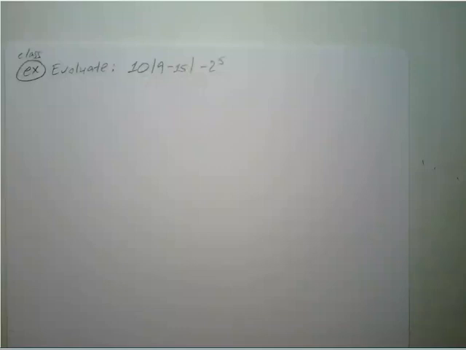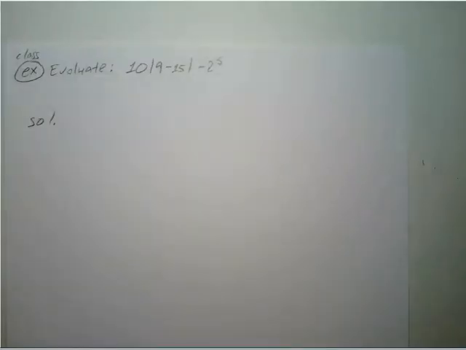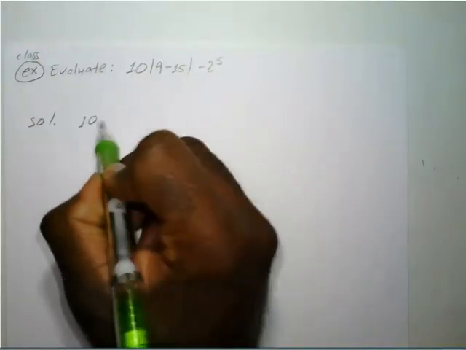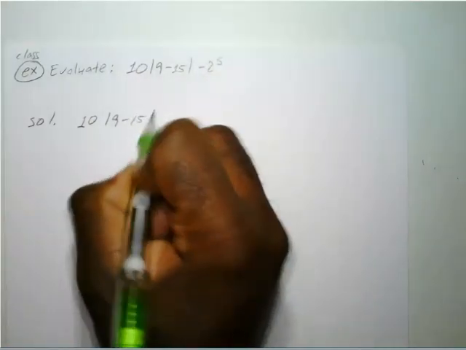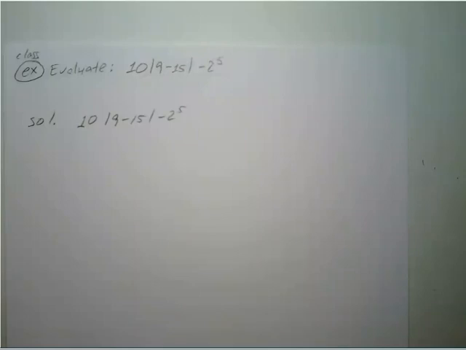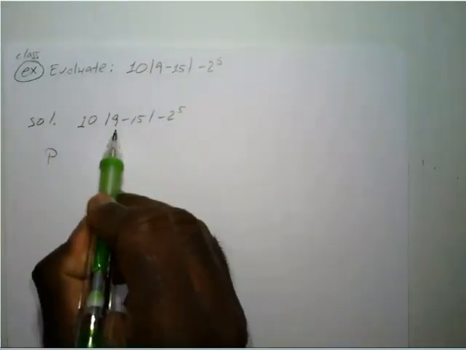All right, assuming you're all done, so let's go ahead and verify. Okay, just going to rewrite it. 10, I'll make my one like that so it won't confuse the absolute value. 9 minus 15 minus 2 to the 5th. Okay, so we start with our parentheses or grouping symbols.